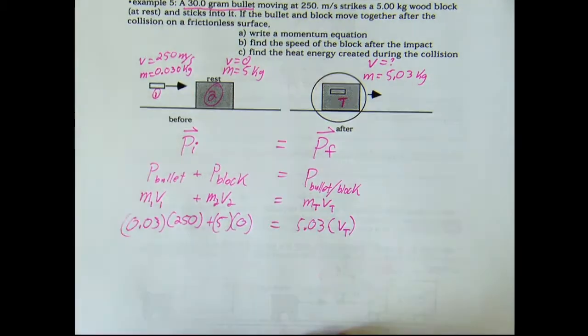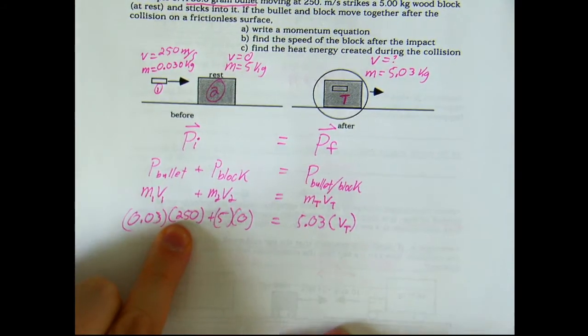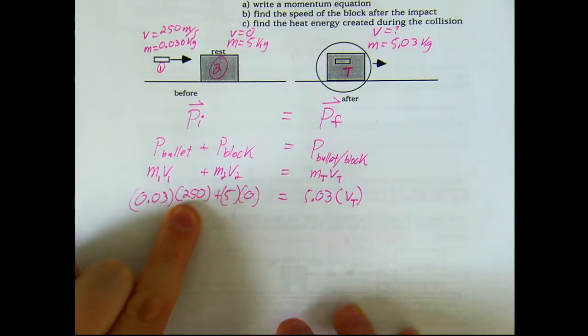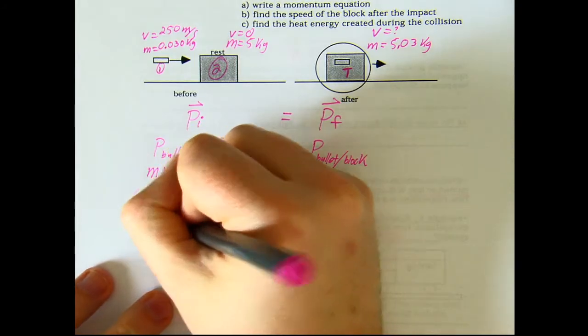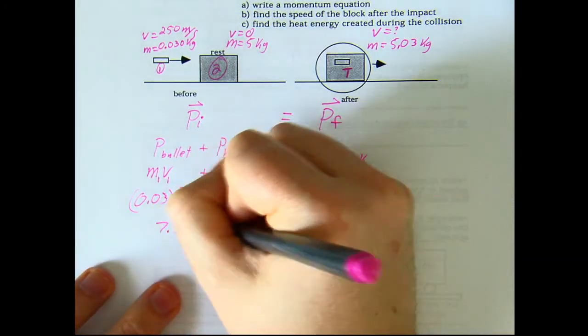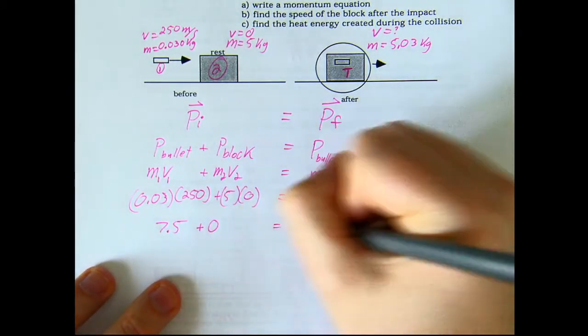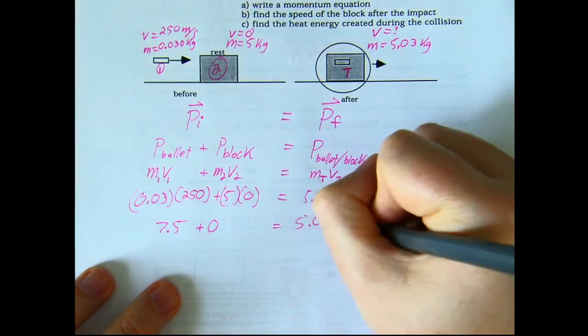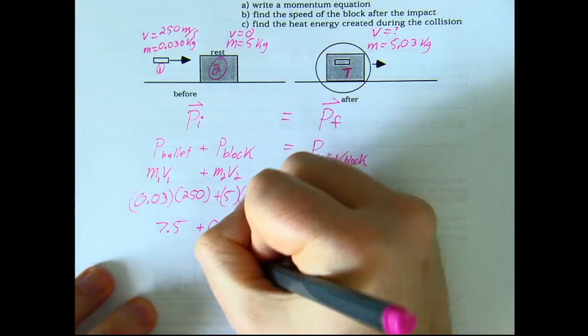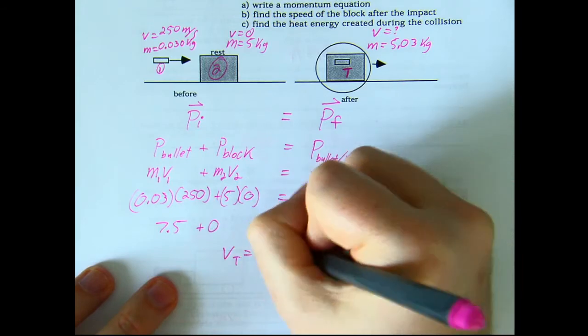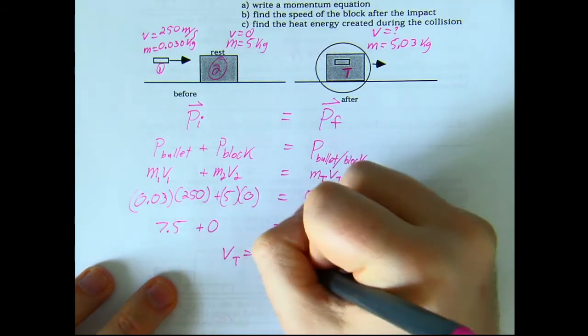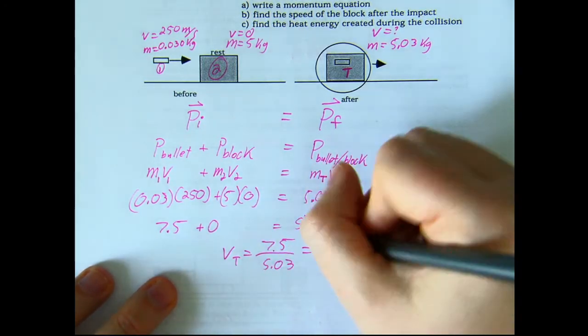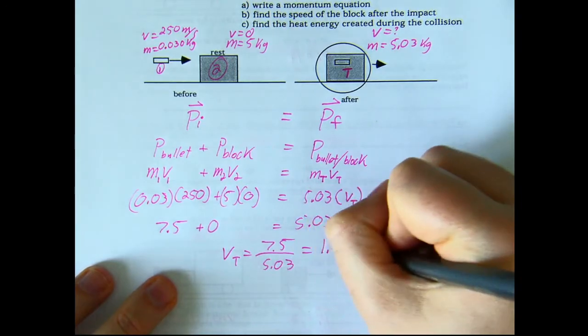So we can see here 0.03 times 250 is 7.5, plus 0 is going to equal 5.03 v total. So v total is going to equal 7.5 divided by 5.03. It's going to give me a velocity of 1.49 meters per second.